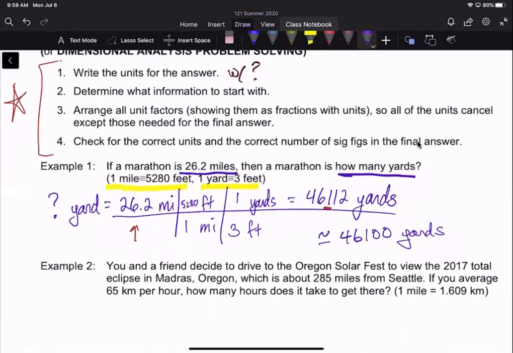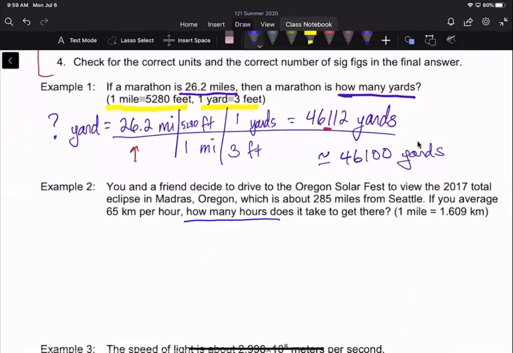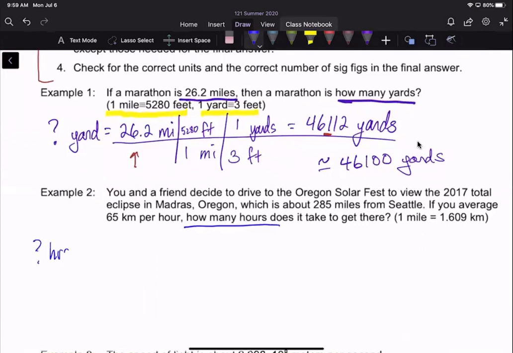Okay, let's do another one. In this problem, we're looking for how many hours. How many hours does it take to get to Madras, Oregon from Seattle? We have a distance and we have this rate, so that we can write separately as a factor. Let me just change colors here, and we can make that into a clear numerator and a clear denominator.